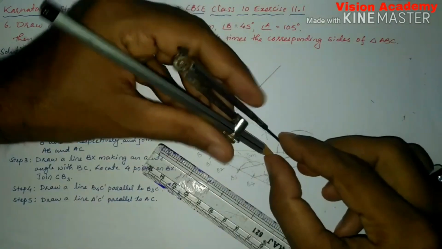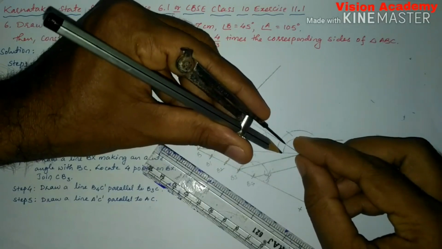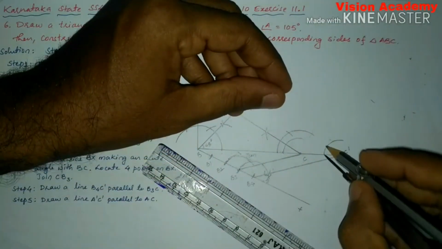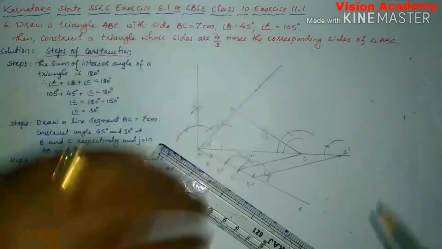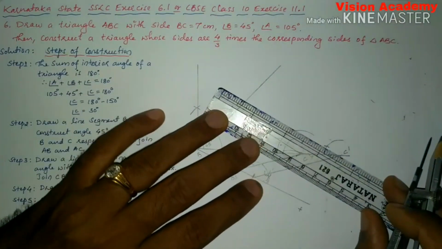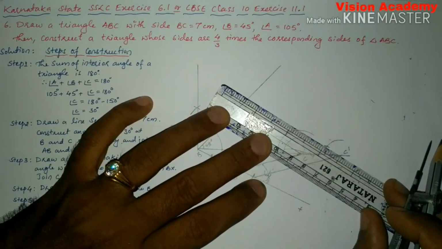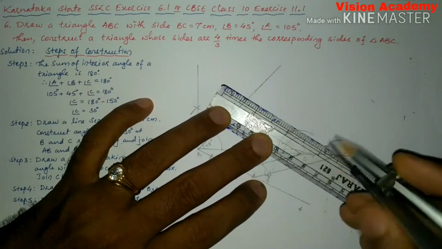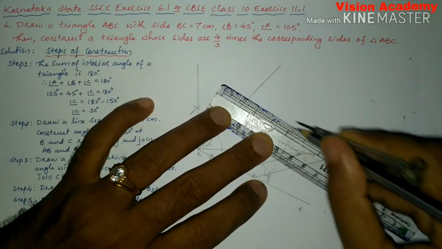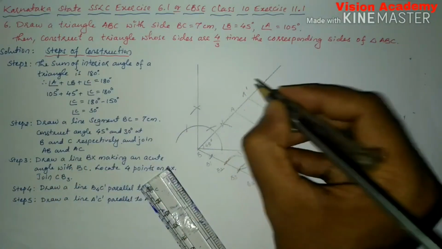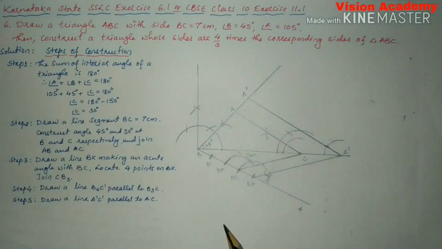Now let us take the size of this arc and keep it here and cut. So join both of these 2 points to get a parallel line. Let us name this one A dash, and now we'll go for justification.